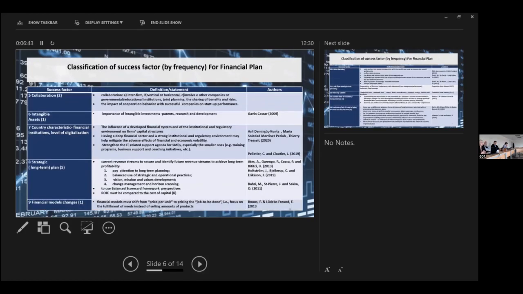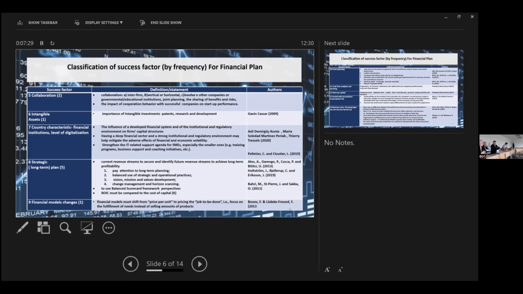Next factor is collaboration. I think my colleagues told about this success factor. Intangible assets nowadays are very important, such as patents, research and development, and it's necessary to spend money on these intangible assets. Also, not only internal but external factors are important, such as country characteristics, the development of the financial sector, regulation, and the level of digitalization of the country as well.